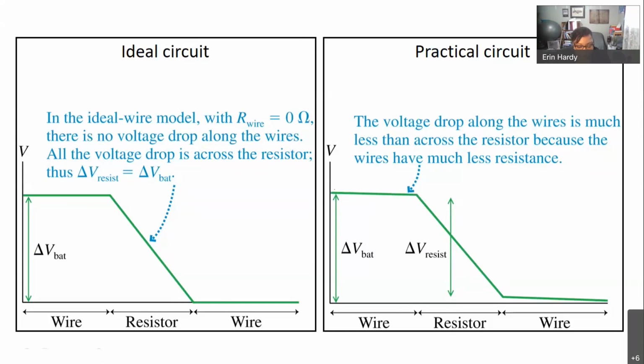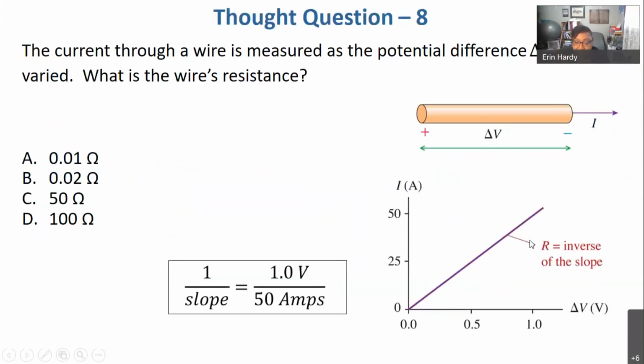And if wire is something that we can model as being ohmic, and we want a really small delta V, but R is going to stay the same value, we also want to minimize the amount of current that's moving through that section of the wire. We haven't yet talked about power from an electrical sense, but from our knowledge in semester 1, we know that power is either the rate at which energy is used per unit time or the rate at which energy is being produced per unit time.